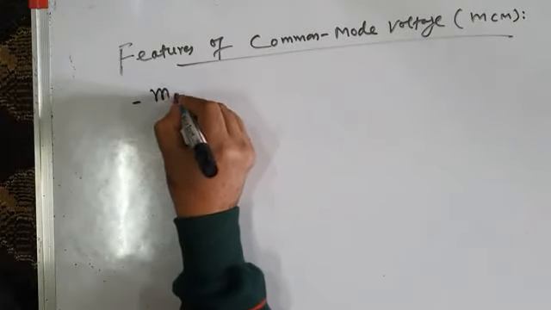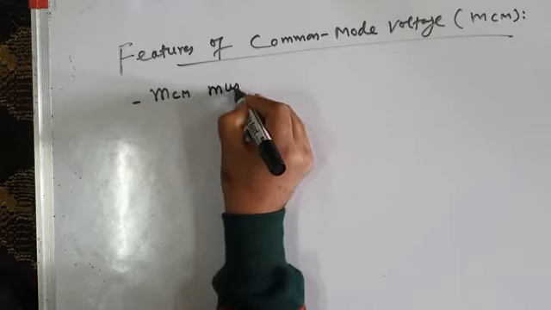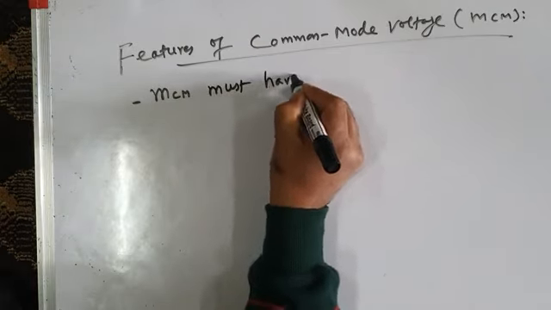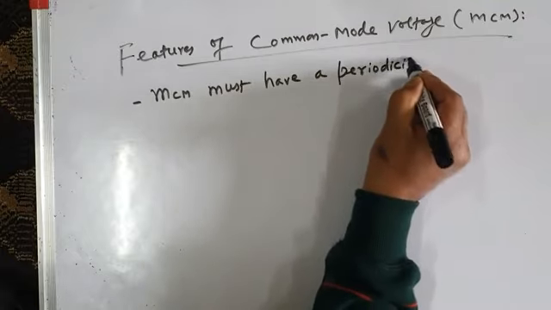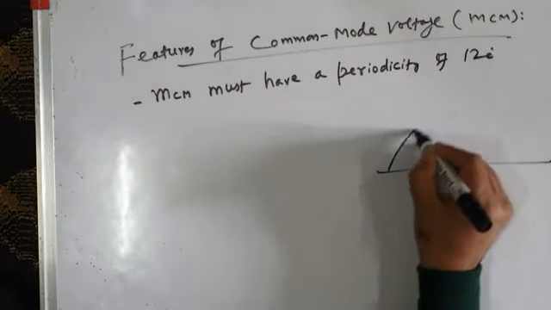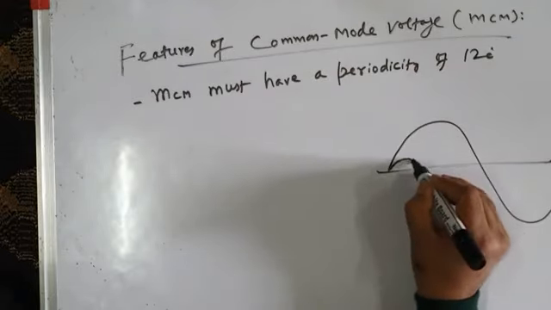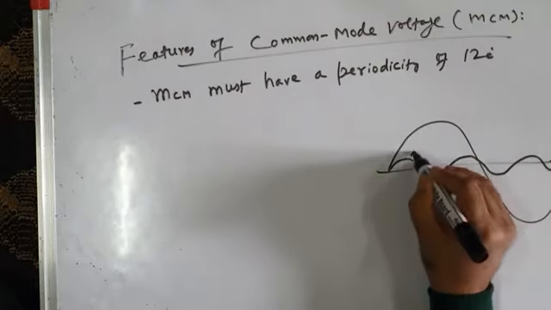Number one, this common mode signal or common mode voltage, MCM, must have a periodicity of 120 degrees. For example, in third harmonic injection PWM, this was your common mode signal MCM.